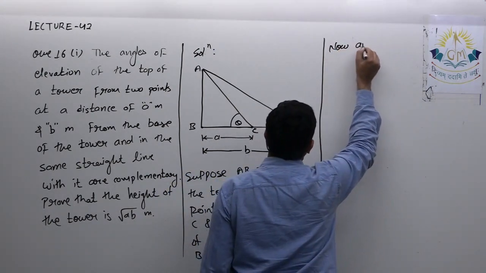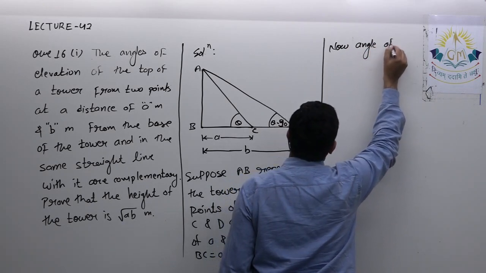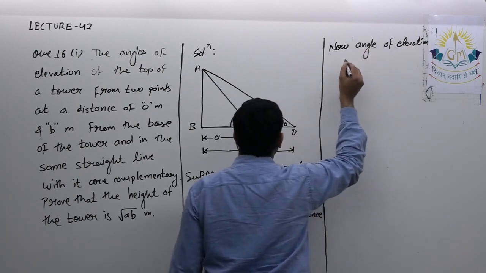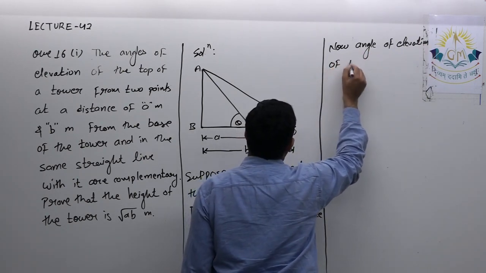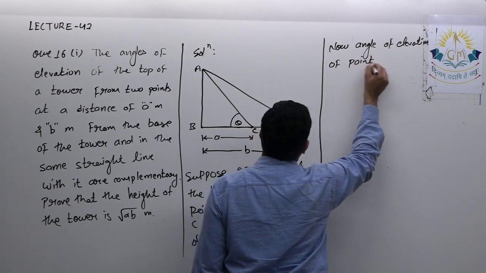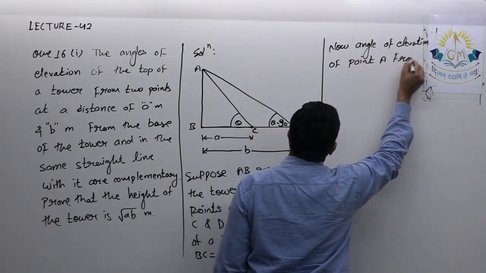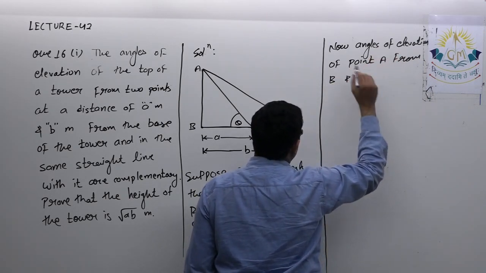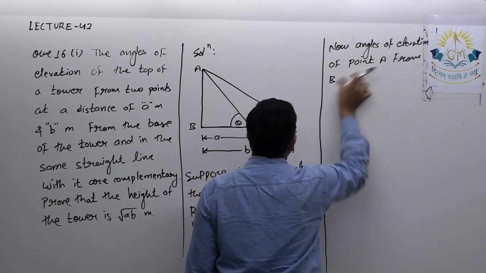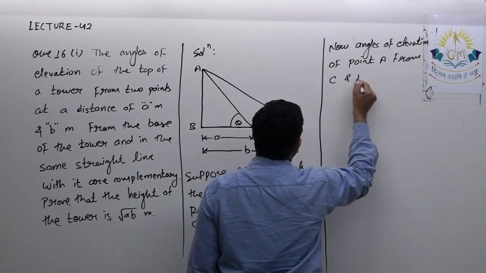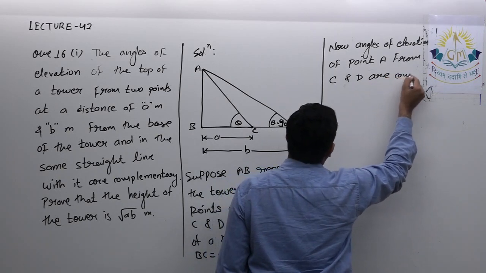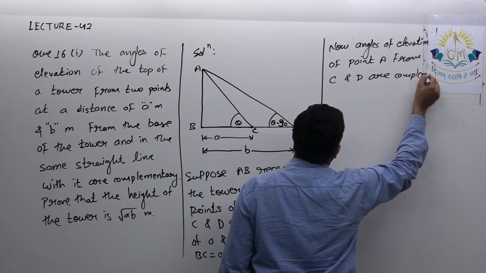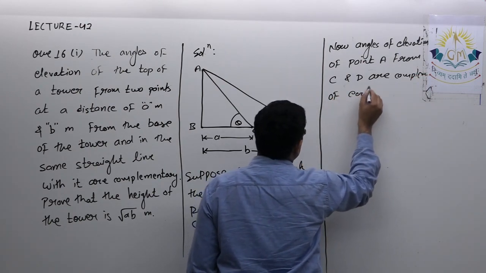Now the angles of elevation of point A from C and D are complements of each other.